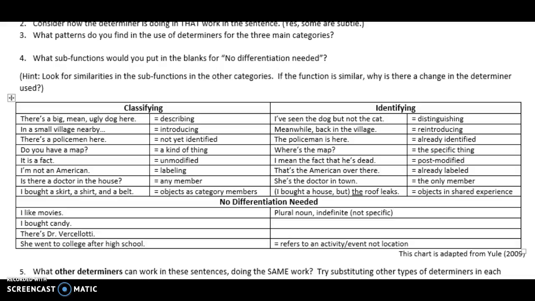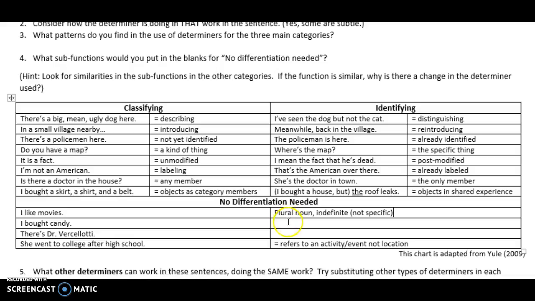With I bought candy, we can compare that to I bought the candy. Again, we could be distinguishing, or it could be already identified. We could be referring to candy that we've already been talking about.